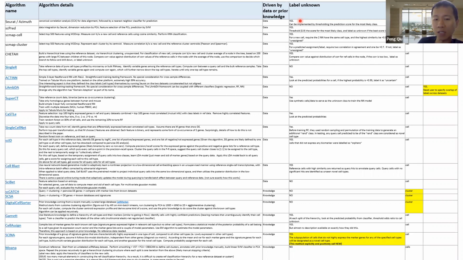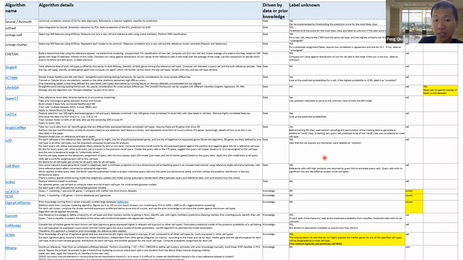So I'm just gonna label it unknown, right? So this is what I mean by a passive way of labeling unknown, because the unknowns, or novel cell types, right, are labeled only in the cases where the algorithm failed to confidently annotate it as any of the known cell types.